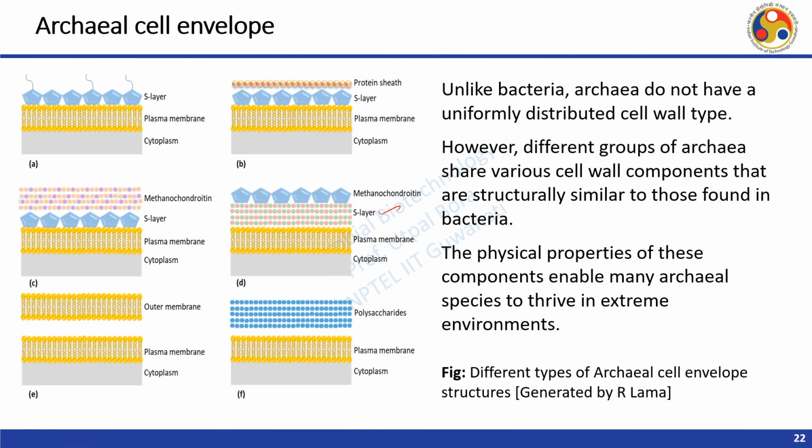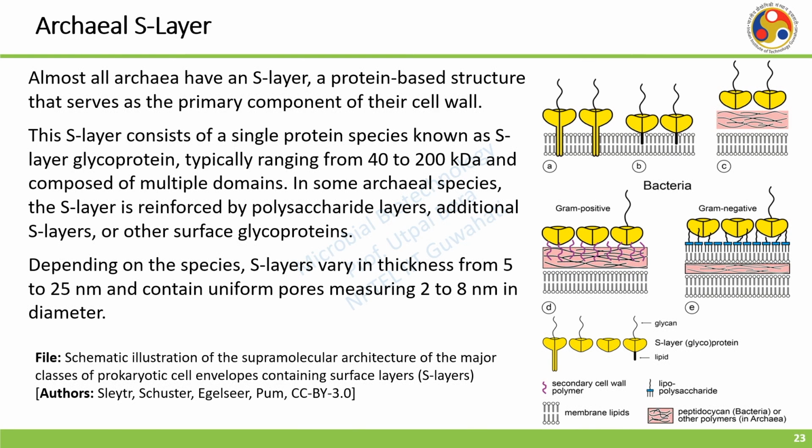Then in C we have methanochondroitin, and in F we have polysaccharides. And in the case of E, we can see an outer membrane. So, this shows that the cell envelope structures of archaea are very, very diverse. Now, let us try to discuss some of these in a little bit more detail.